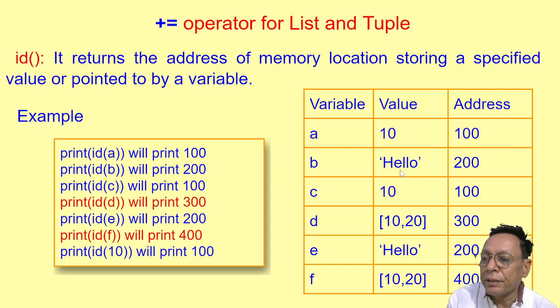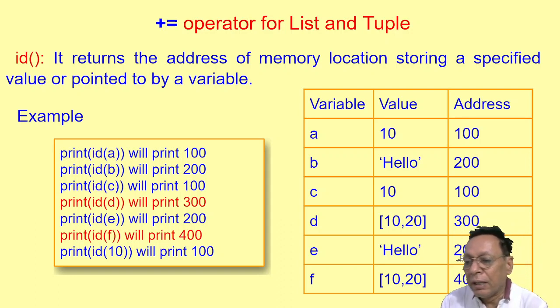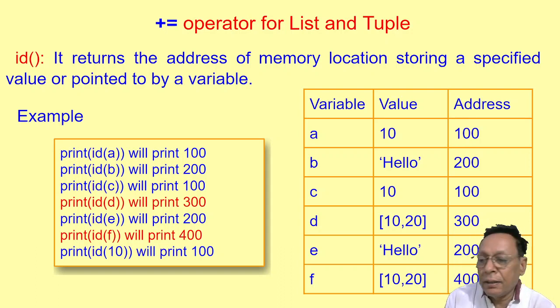Hello is a string, it is immutable, so its address is 200. Same here, E is hello and its address is 200. This is also immutable. But lists D and F are mutable, and that is why their IDs are different.